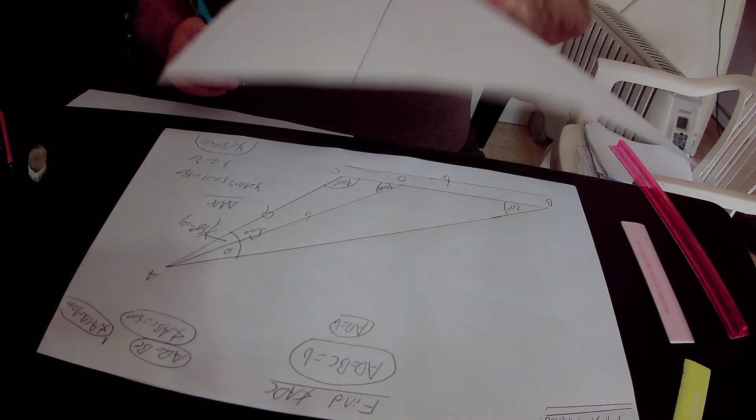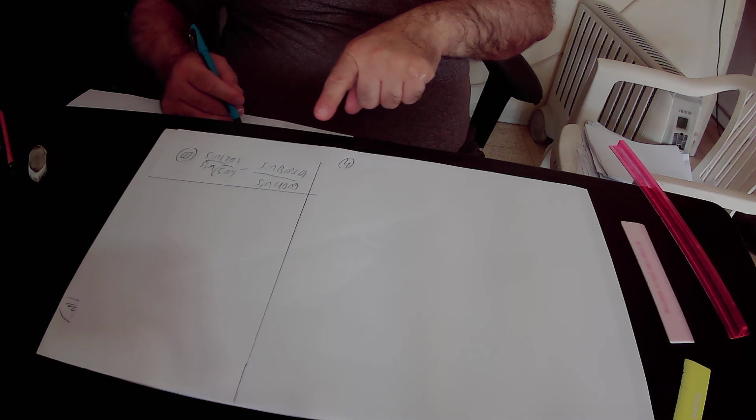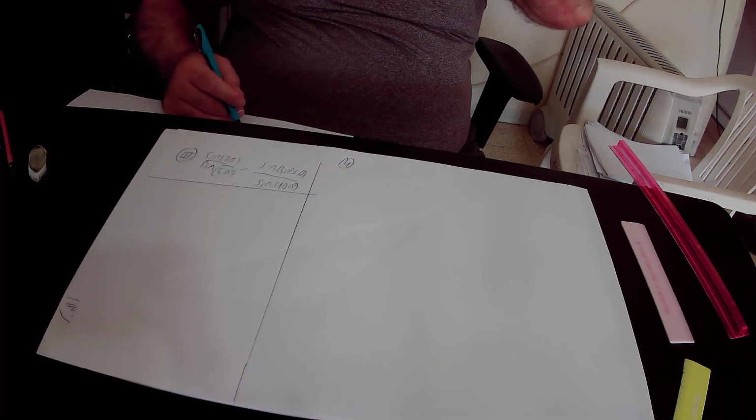So again, equation number 3 states that A over B according to equation number 1 equals A over B according to equation number 2.